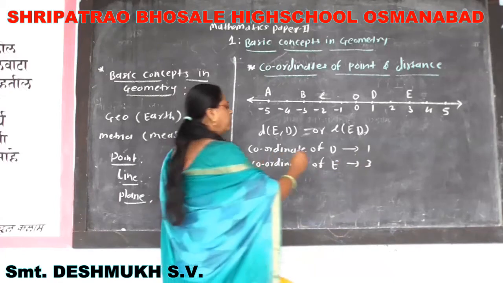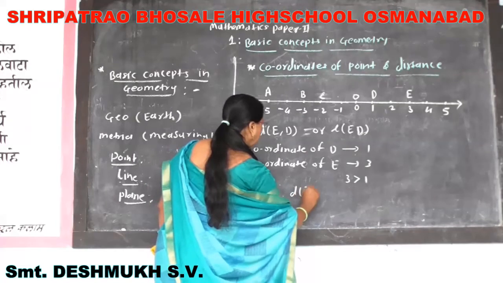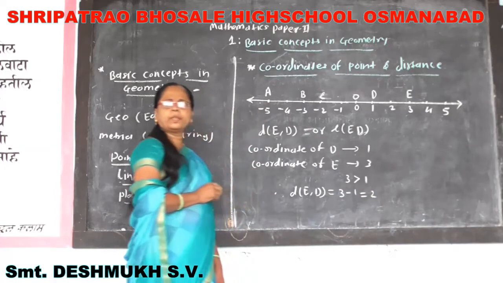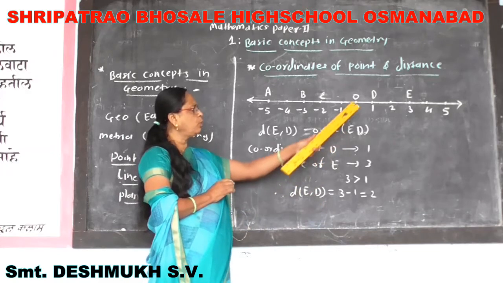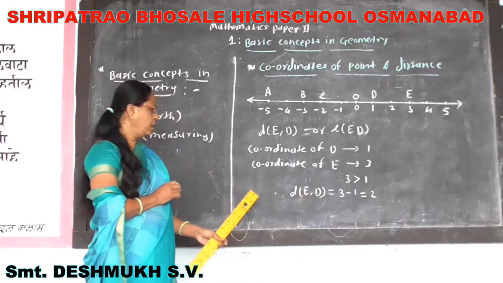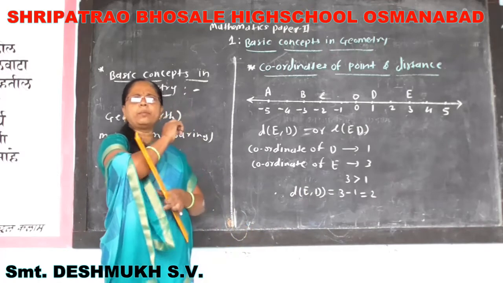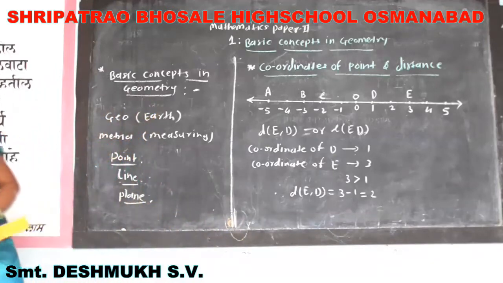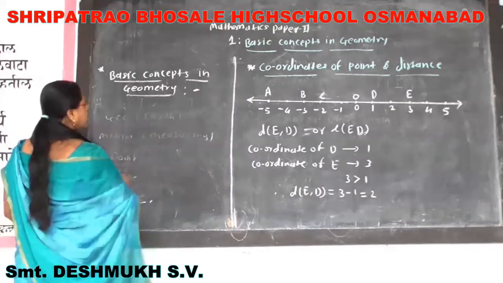Of these two numbers, 3 is greater than 1, and therefore distance ED equals 3 minus 1, equals 2. From this example, we say that the distance between any two points is obtained by subtracting the smaller coordinate from the larger coordinate.